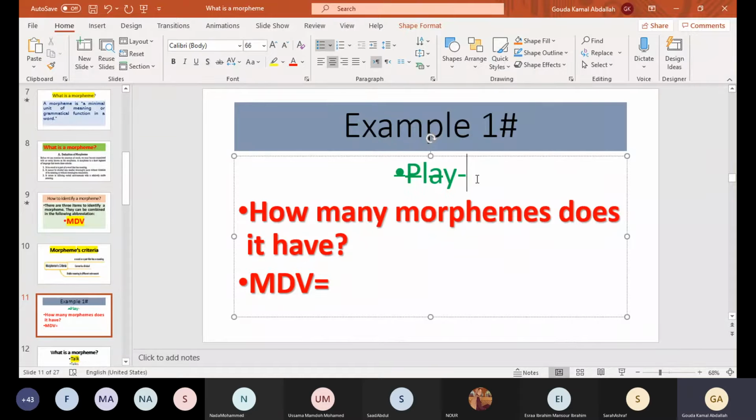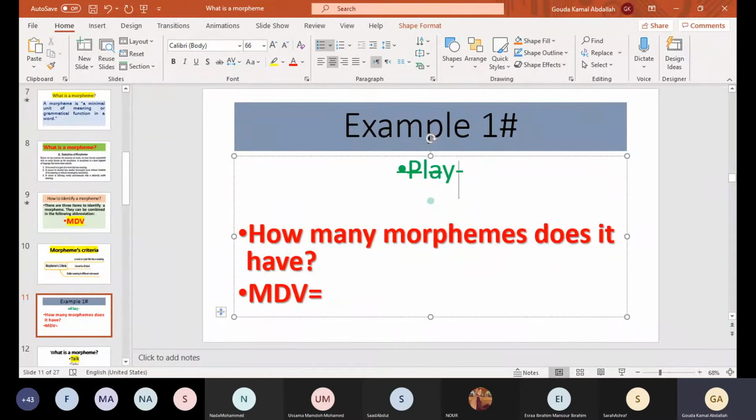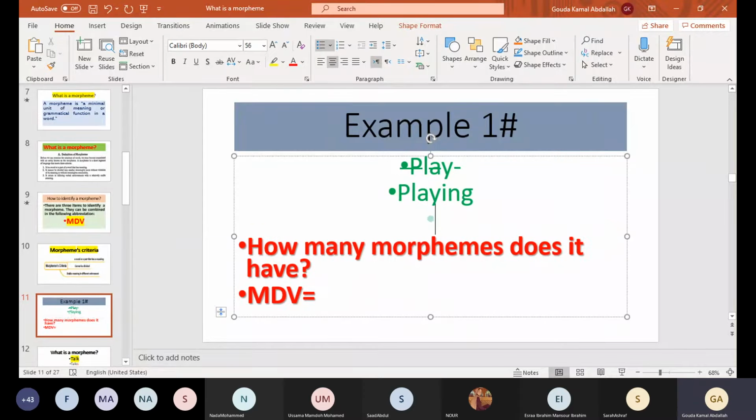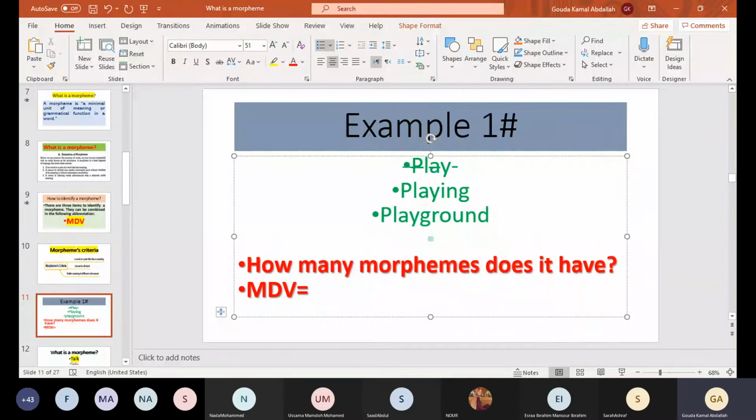Give me other words that have the word play in English. Playing, for example. What else? Playground. Okay. What else? Players. Well done. Okay. Let's underline the word play in all of them or highlight it.